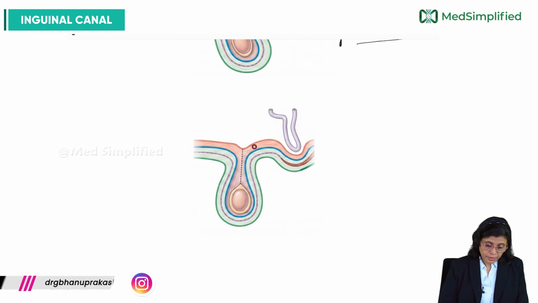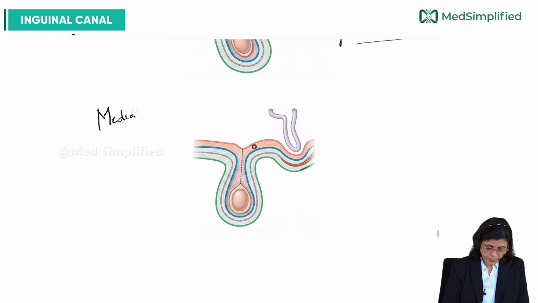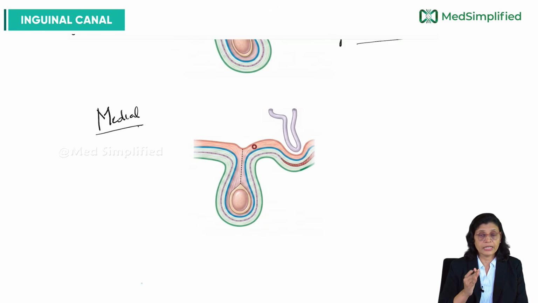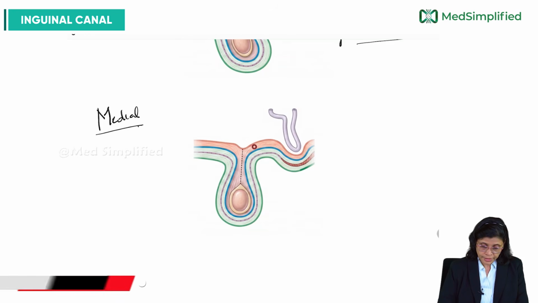So coming to the medial direct hernia. Medial means it is medial to the obliterated umbilical artery, that is the medial umbilical ligament. So here what will be the structures now?